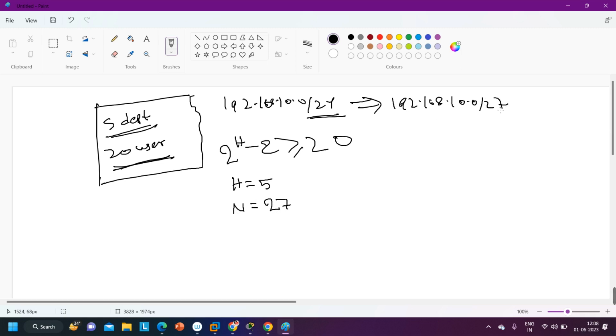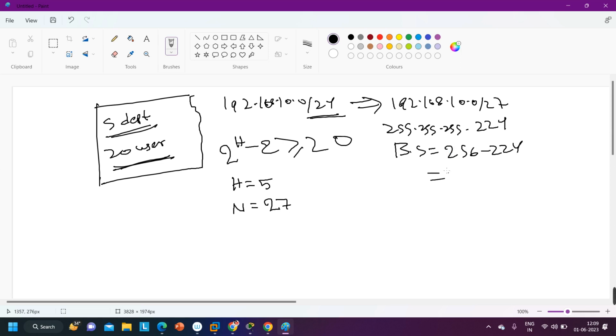192.168.10.0/27. If I am using /27, then what will the subnet mask be? 255.255.255.224. Then what will the block size be? Block size is 256 minus 224.